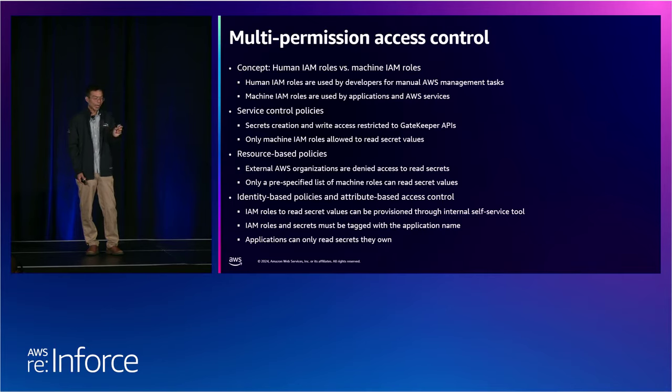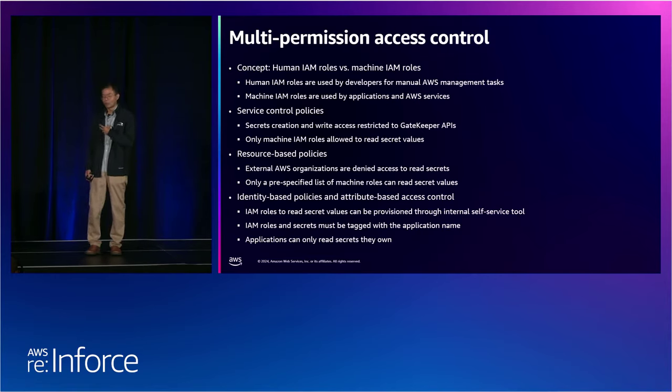Human IAM roles are used by developers to log into the AWS Management Console and perform manual tasks there. Those are human IAM roles. And then machine IAM roles are used by applications and services to do things. So you assign it to a Lambda function or an EC2 instance. Those are called application IAM roles.